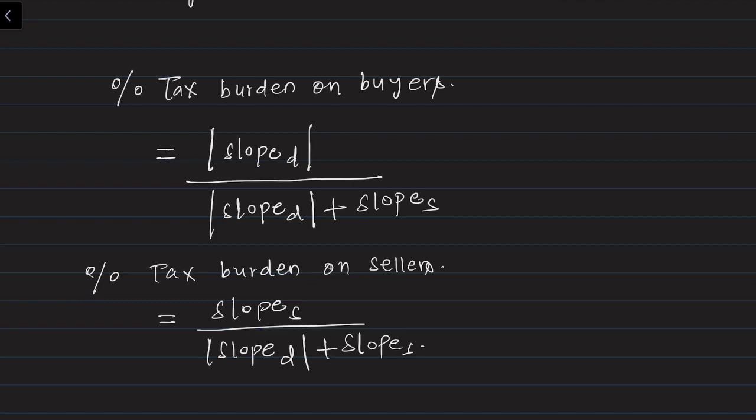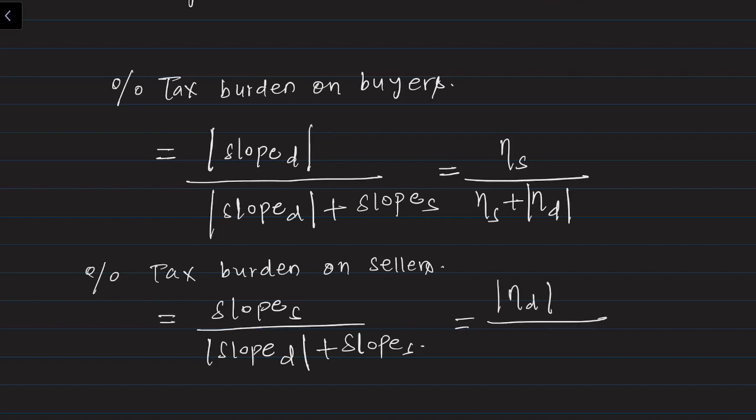You can also write these formulas in elasticity form: elasticity of supply divided by elasticity of supply plus the absolute value of the elasticity of demand. And for buyers, the absolute value of the elasticity of demand divided by elasticity of supply plus the absolute value of elasticity of demand. Okay, so you can remember these formulas.